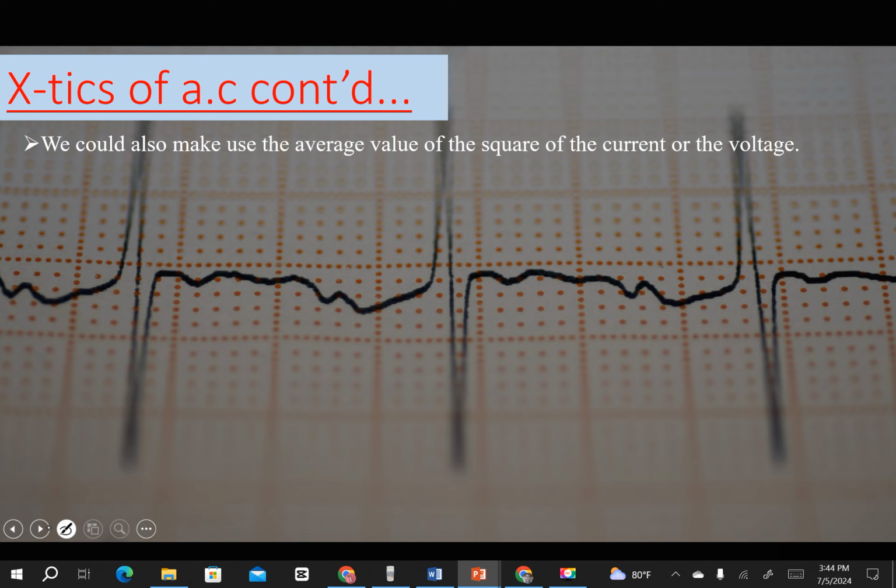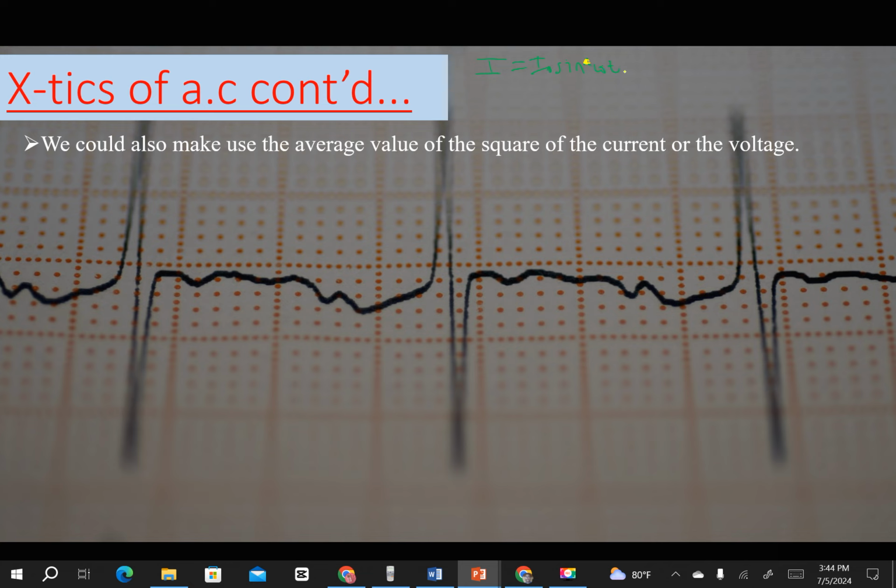If we consider current, I equals I naught sine omega t, that is alternating current.